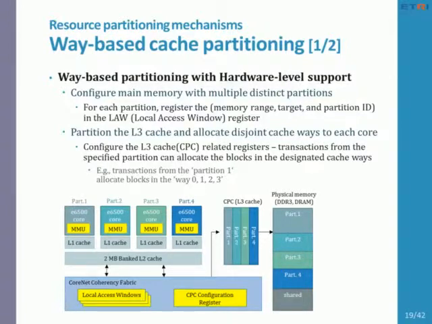Then we configure the L3 cache related registers to partition the L3 cache at way granularity. This L3 cache has 32 ways, and we can partition the L3 cache into up to 32 parts.